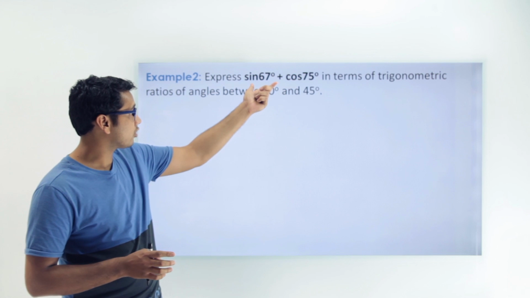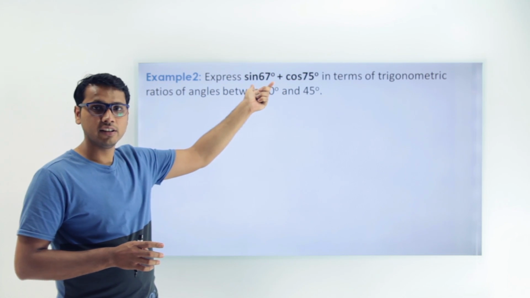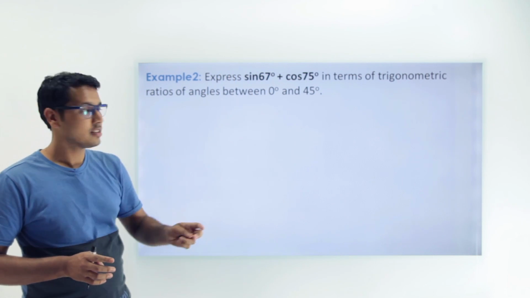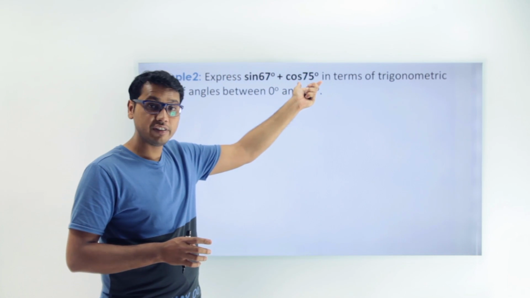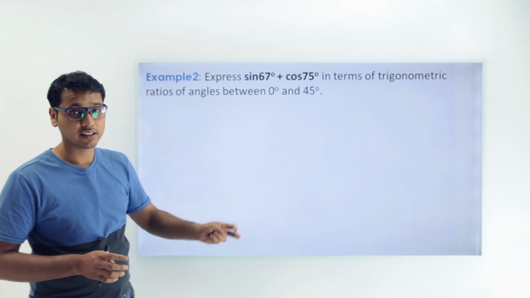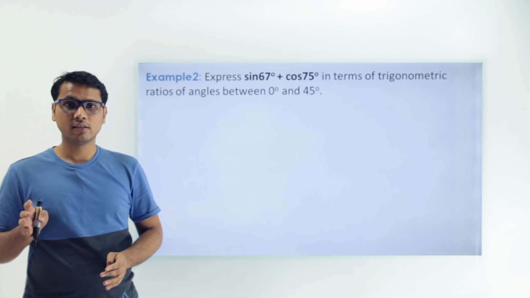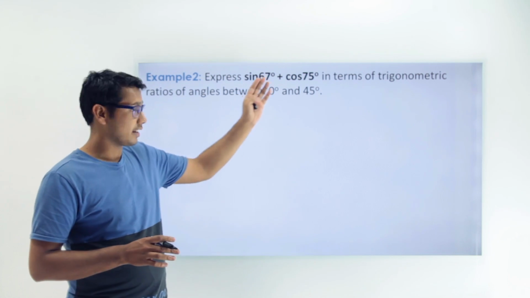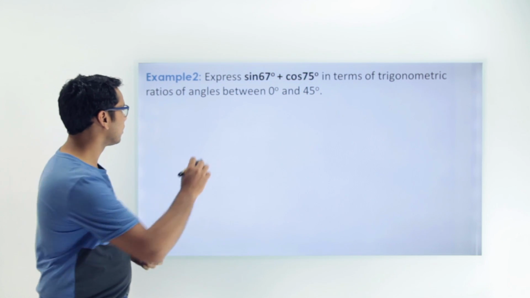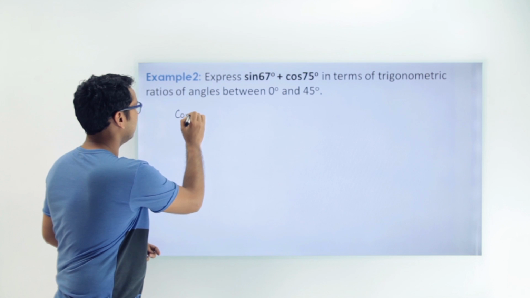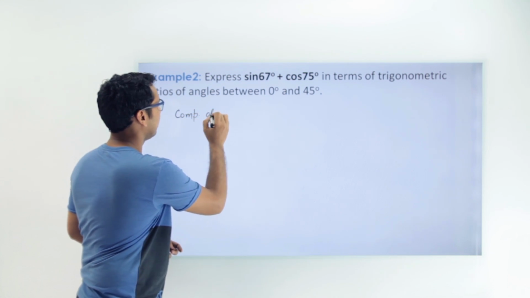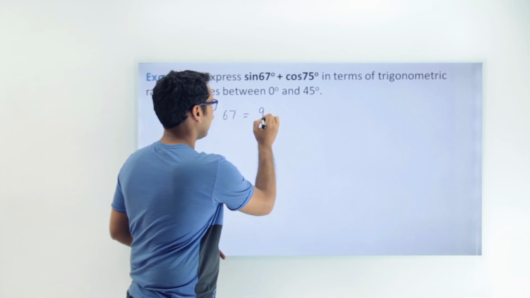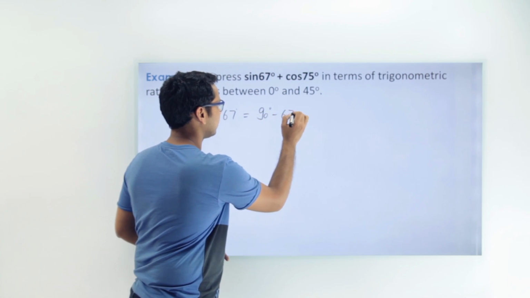So if we have to find the complementary angle of 67, then we have to subtract 67 from 90 degrees. And if we have to find the complementary of 75, then we have to subtract 75 from 90 degrees. So let's first find out the complementary angles of these two angles. Complementary angle of 67 degrees will be 90 degrees minus 67 degrees.